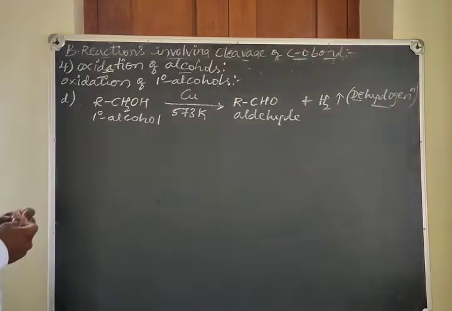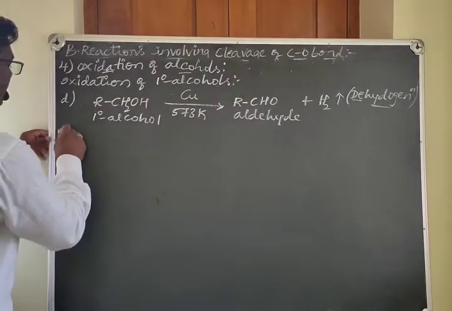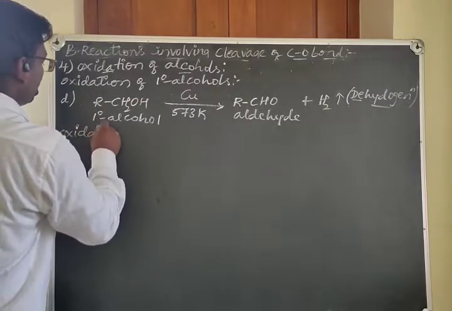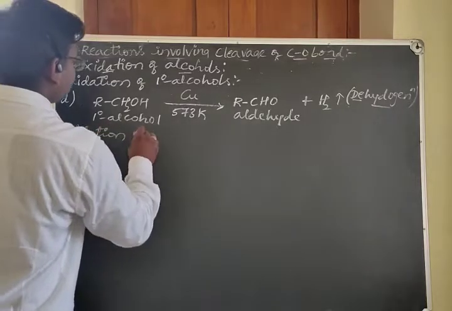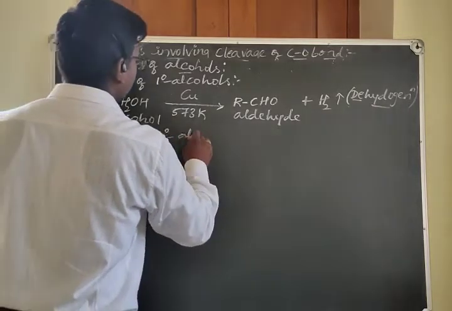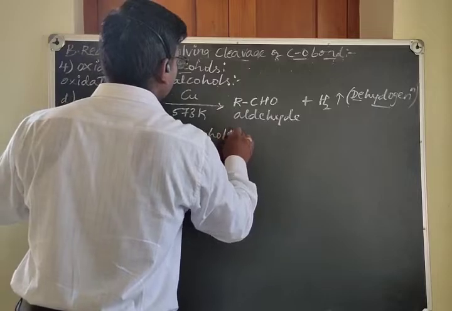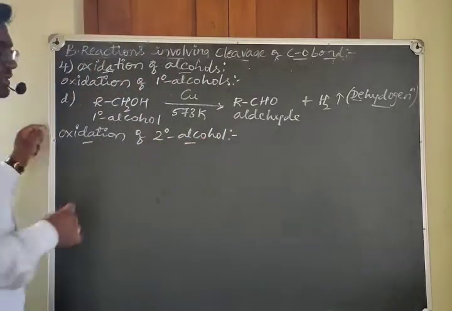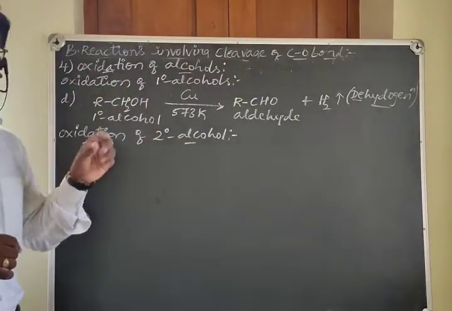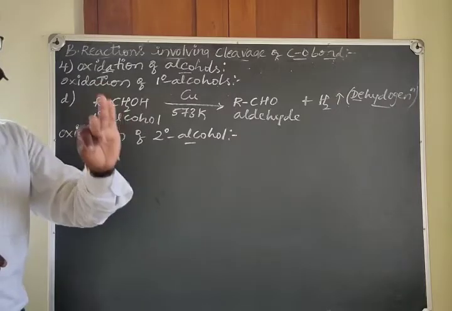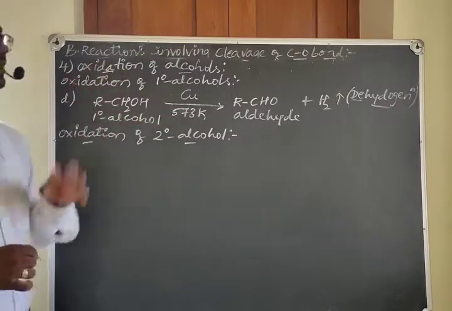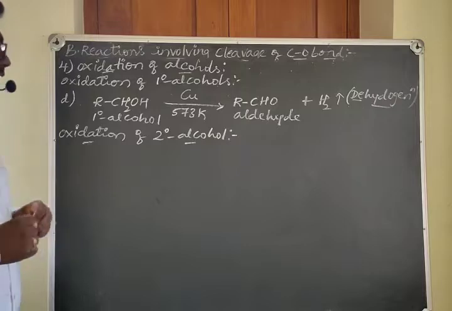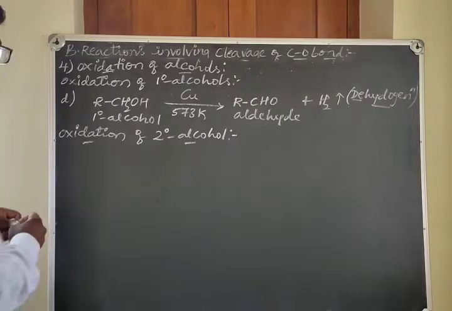Now we shall consider the oxidation of secondary alcohols. We have already seen the oxidation of primary alcohols using 4 oxidizing agents: KMnO4, CrO3, PCC and copper. Here let's consider 2 of them.